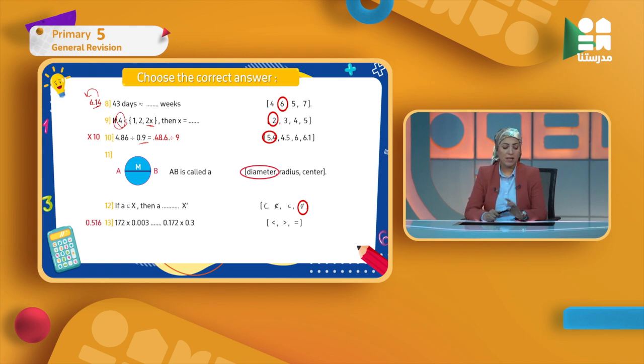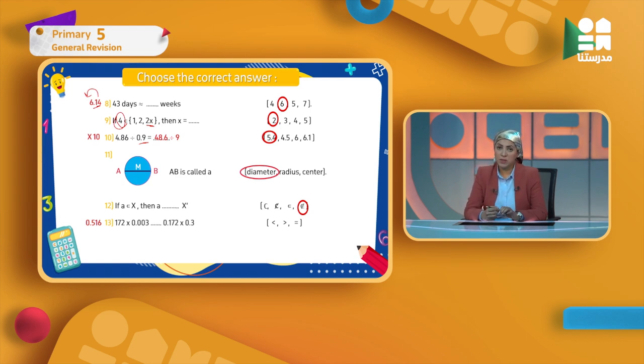0.516 because of course here I have 3 decimal places after the decimal point. So after I multiply 172 times 3, I have to place the decimal point after 3 decimal places, starting the count from your right hand side. I'll do the same with the other one. I will multiply 172 by 3.